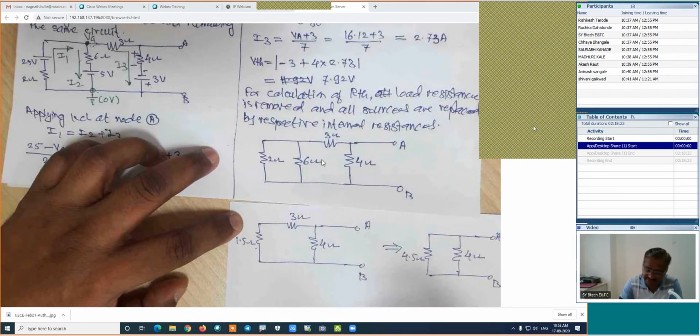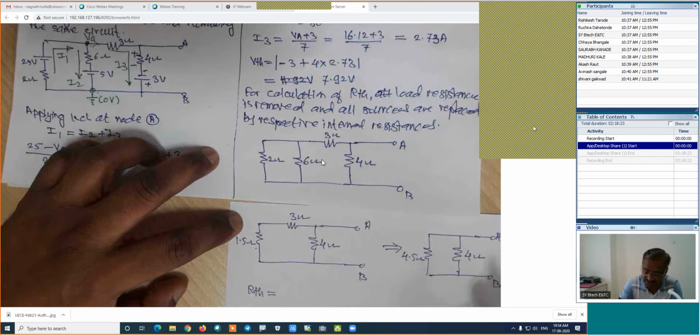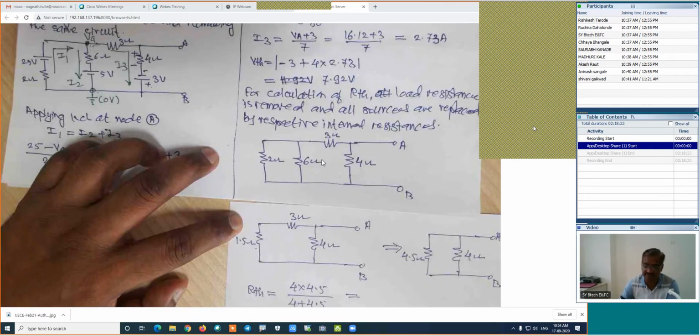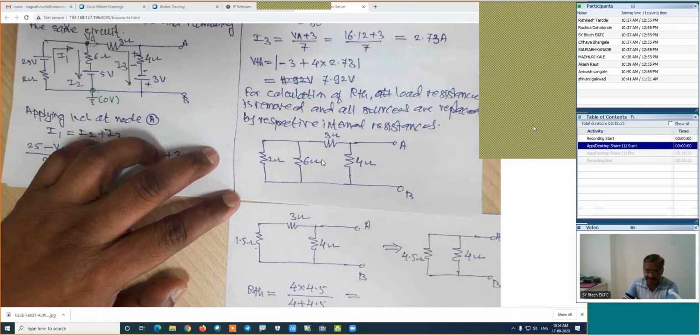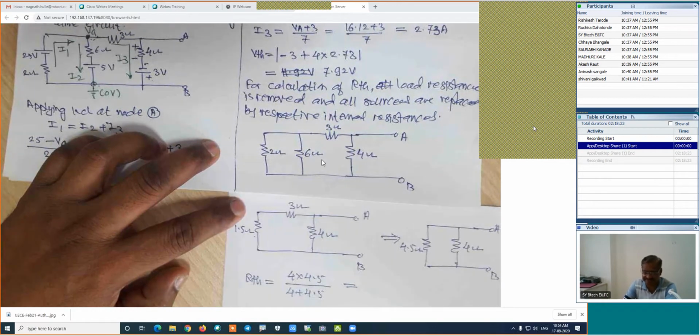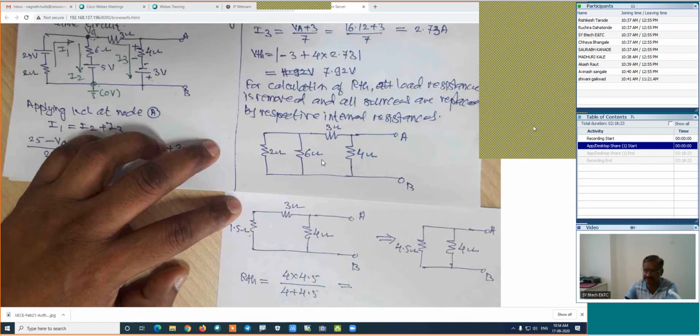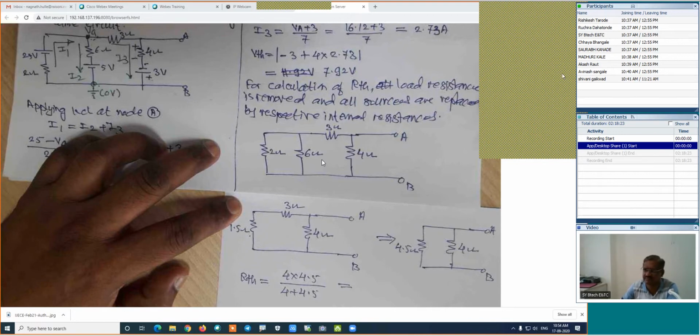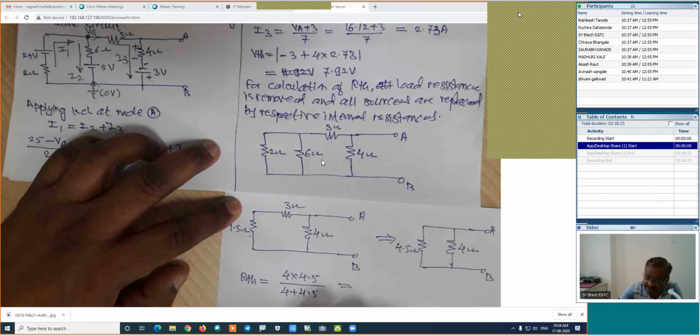And finally, we are interested in the calculation of RTH, which is the parallel combination of these two. This is 4 into 4.5 divided by 4 plus 4.5. Find out this parallel combination and which will be the RTH. Yes. 2.11. It is 2.11 ohm is the value of the RTH.